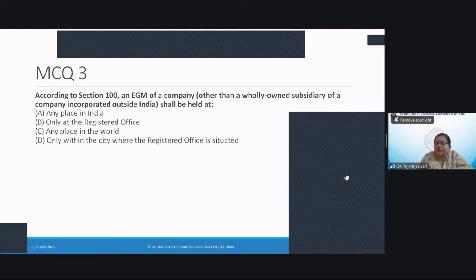No, if the holding company controls 100% of the subsidiary, yes, it is a wholly owned subsidiary. No, no, it has not been mentioned that outside India it should hold the EGM. That has not been mentioned.